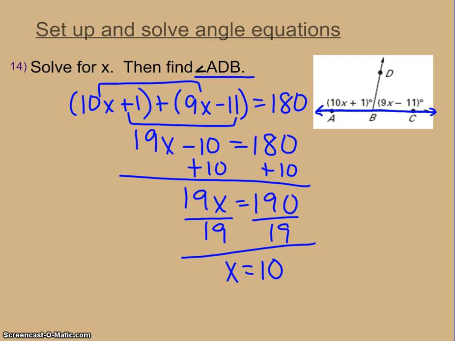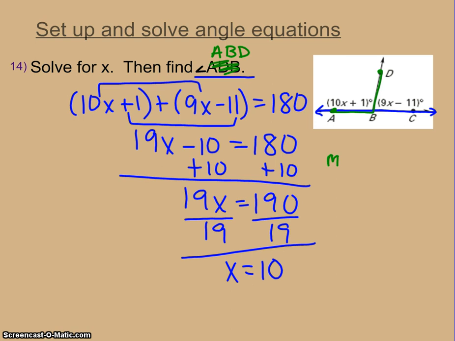Now that found us our x, but we needed to find the angle ABD. So we need to look up here, and that shouldn't actually be ADB, that should be ABD. So we need to find ABD, which is going to be 10x plus 1.